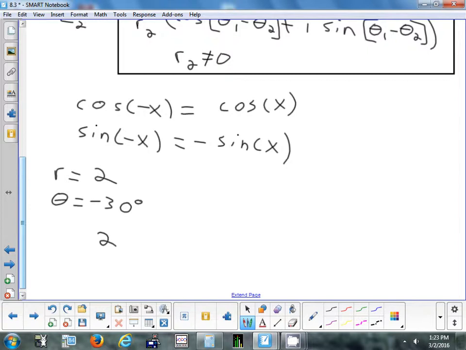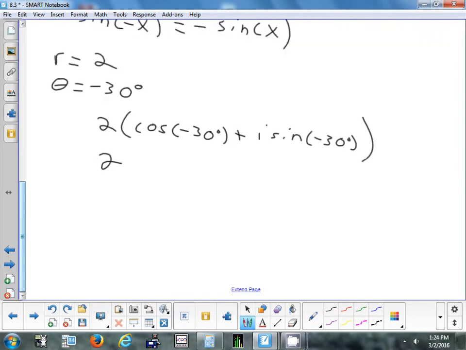So you write 2 cosine negative 30 plus i sine negative 30. Now, most of the time, the directions are going to say write without a negative angle. So, what would happen in this first part with the negative inside the argument for the cosine? Just get rid of it.